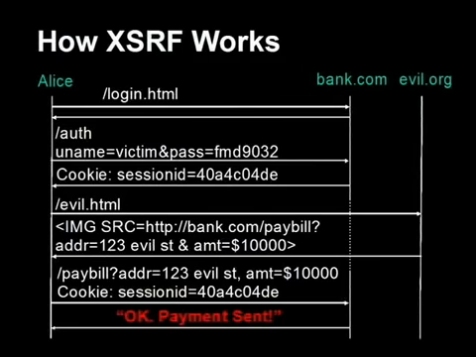And so what the bad guy does is hires a bunch of mules and puts the mule's address here and gets the $10,000 sent to the mule, and then the mule is instructed as part of their job to keep 10% of it and then transfer the rest of it to the attacker's bank account. So that's how the bad guys turn web-based cross-site request forgery vulnerabilities into ways to steal money. Did that make sense? Any questions? OK. So that's how to use cross-site request forgery to steal money.